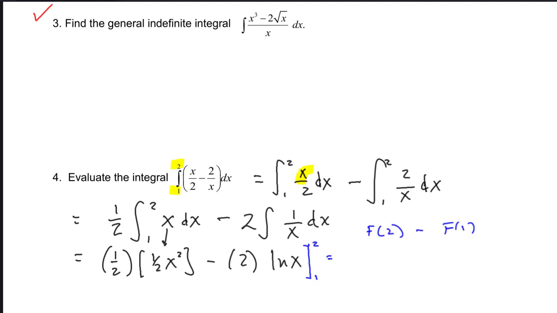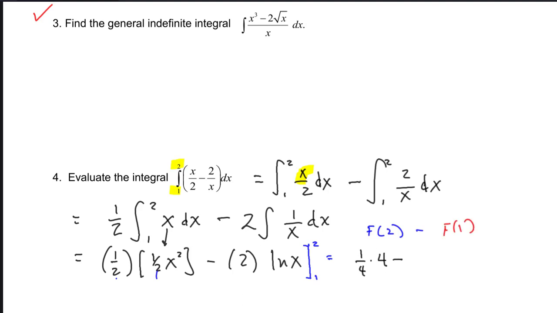So if I plug in, I'm going to have 2 squared, which is 4, and this half times this half makes 1/4 times 4 minus, now I have to do, I should probably color code this. I'm going to do that. So f of 1.